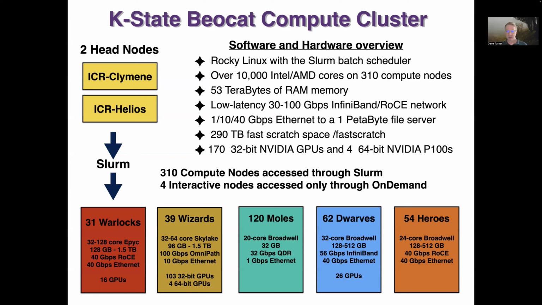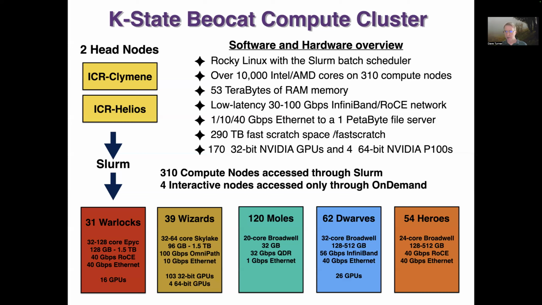So this is a diagram of the BeoCat cluster computer where we have two head nodes, Clymene and Helios, and about, I guess, 310 compute nodes. Now we colorize them at the bottom as different families, with the Warlocks being AMD and the others being Intel processors.